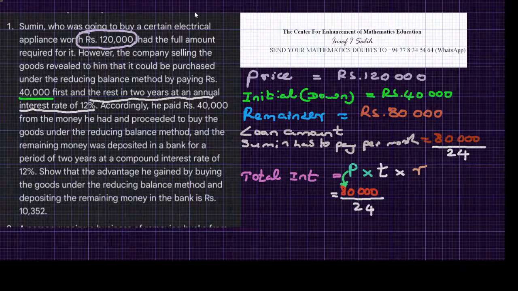And what's the time? Unlike simple interest questions, when it comes to reducing balance questions, the time is not just the number of months. There is a special measurement called month units. How do we calculate the number of month units?